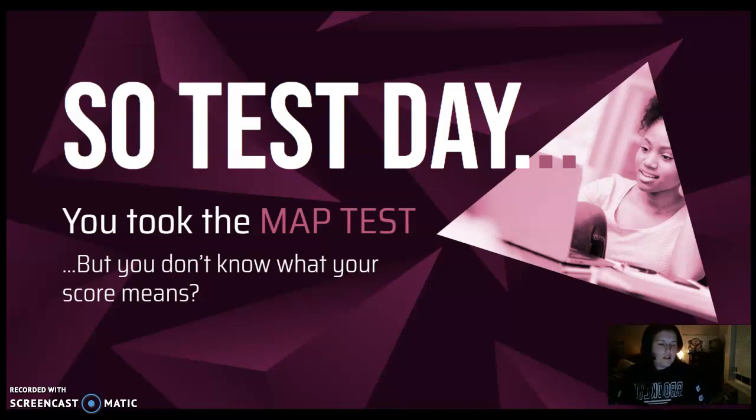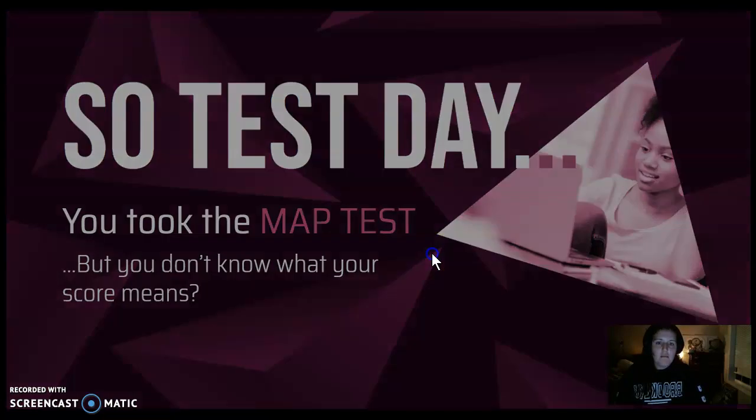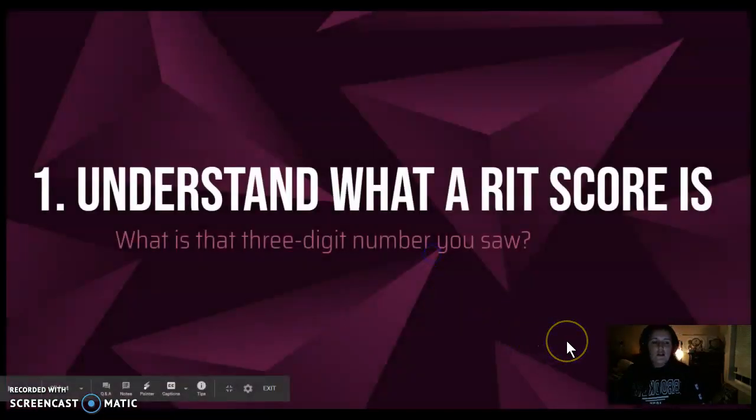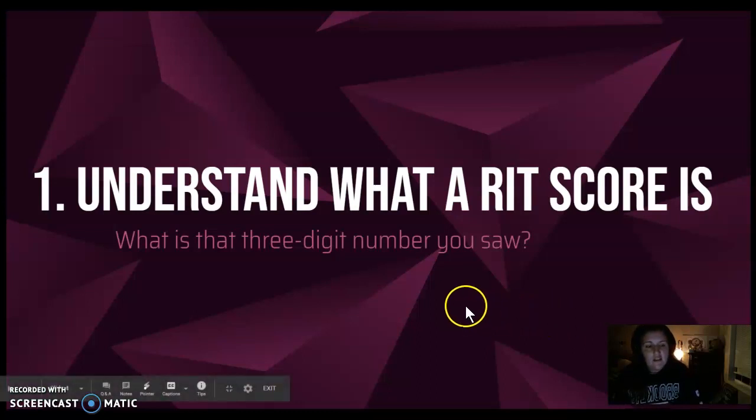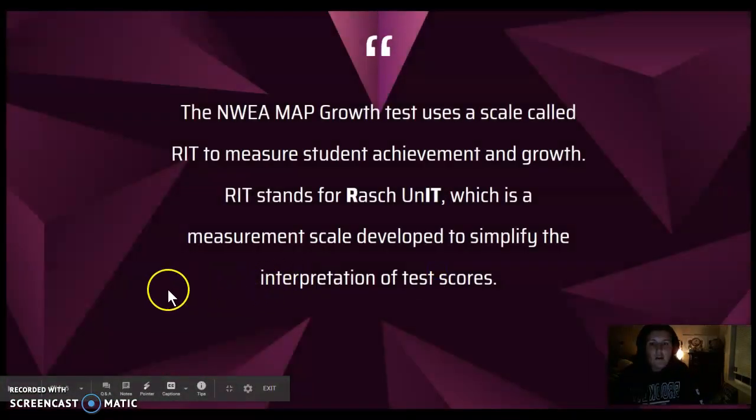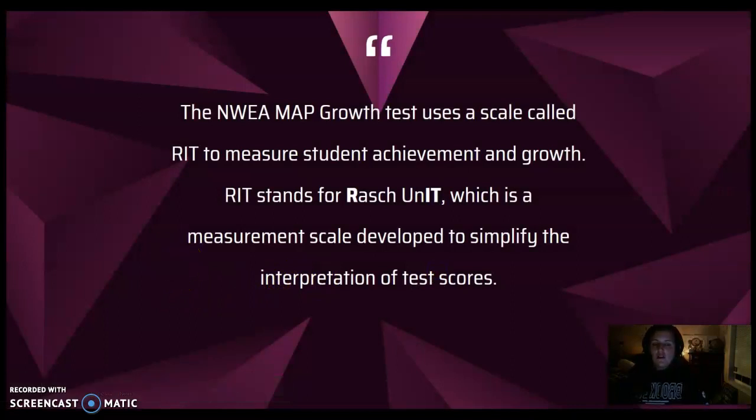Okay, so let's talk about that score, the numbers. What I'm going to explain to you is what is called a RIT score. That's that 3-digit number you saw at the end of your test session, and you'll see it on your report when you get it back as well. So I took this from their website.